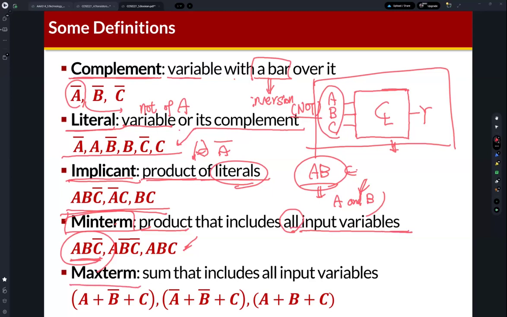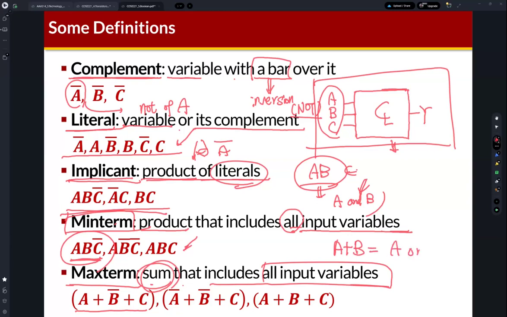And the maxterm is the sum that includes all input variables. This is an example of a maxterm. So what is sum in a Boolean equation? Sum is A plus B, so it is A OR B. We can represent the OR gate using sum.